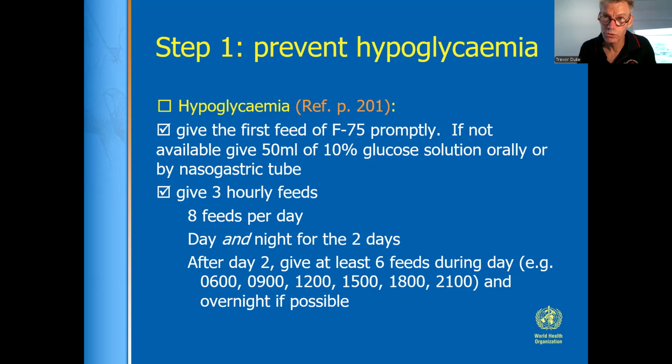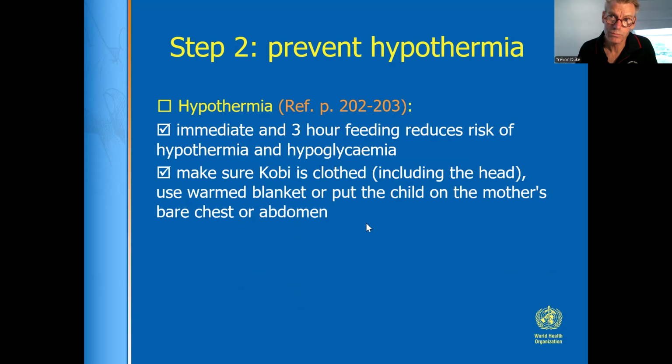After day 2, if the child's stabilized, then you still need to give at least 6 feeds a day, and especially continue ideally overnight. It's hard in busy hospitals to do this, but unless you do that, the outcomes won't always be as good.